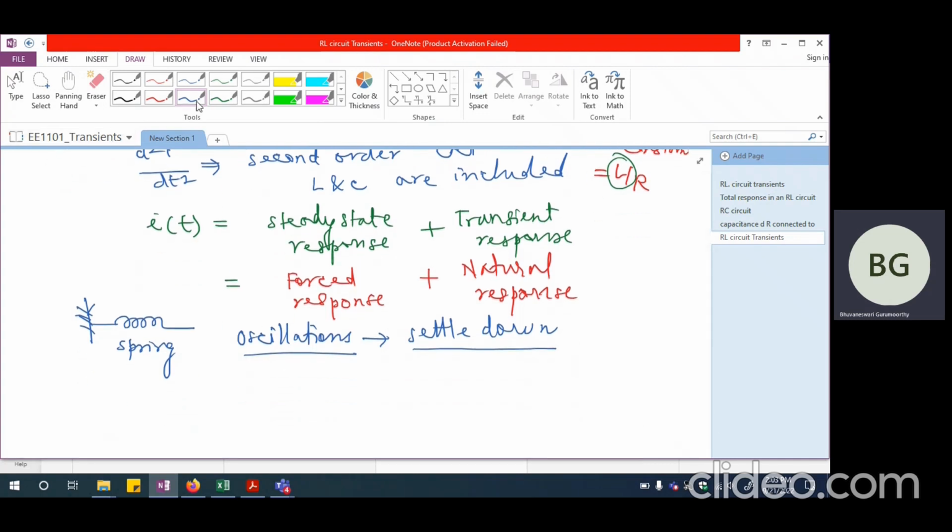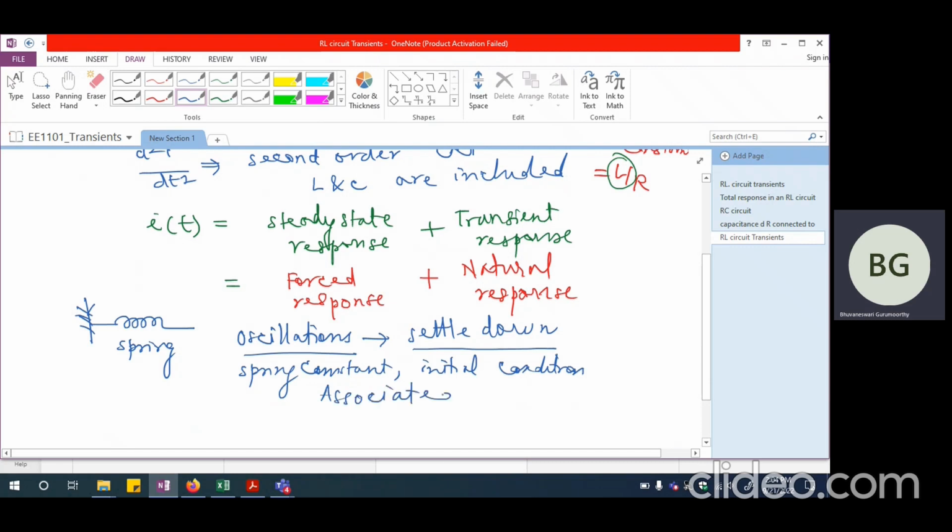It depends upon the spring constant the spring has, and the initial condition the spring had, and if there is some kind of friction or damping associated with this, right?